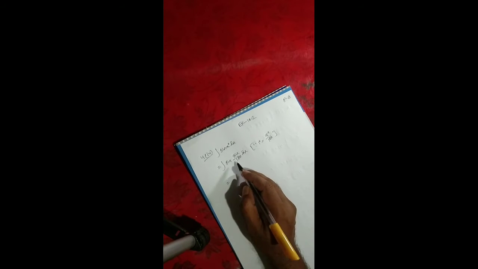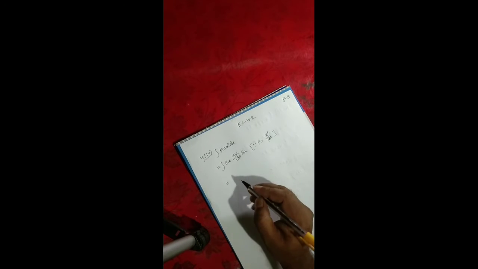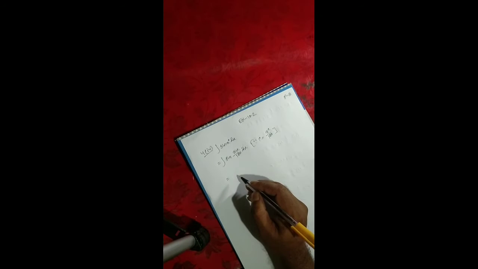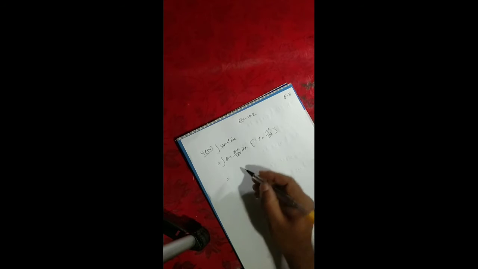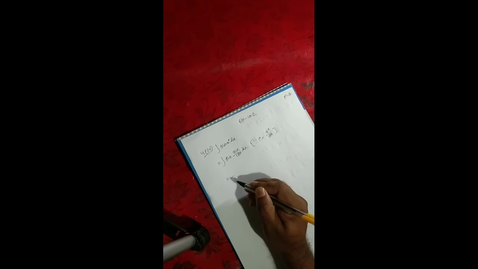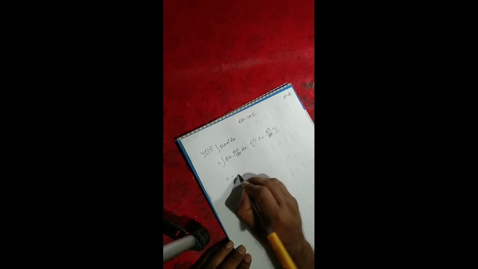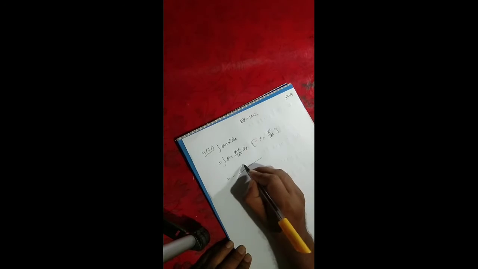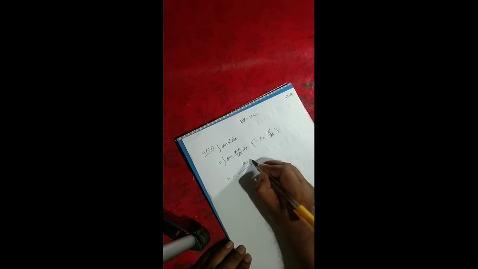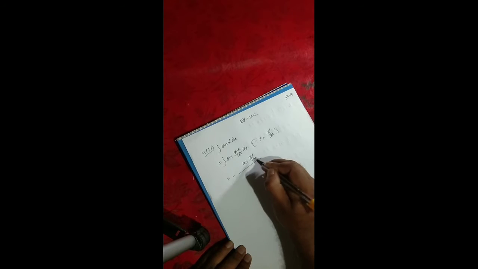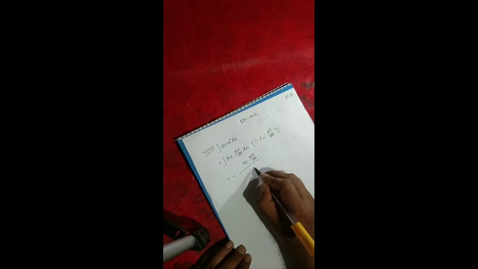Now the formula of sine x is minus cos x by a. Now minus cos of ax, that means pi x by 180 by a, pi by 180.